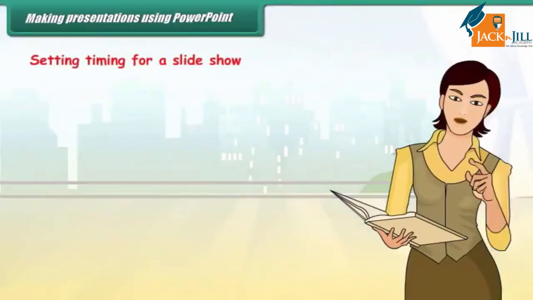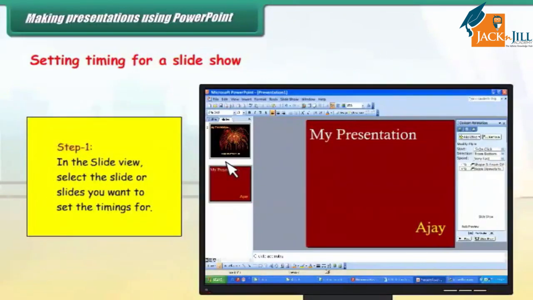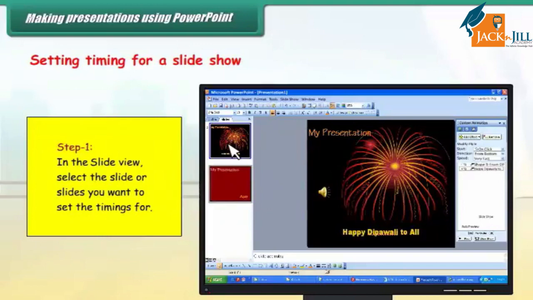Setting timings for a slideshow. If you do not want to move manually through a slideshow, you can set the length of time for which a slide appears on the screen, either manually or automatically. To set the slideshow timings manually, follow the steps given below. Step 1. In the slide view, select the slide or slides you want to set the timings for.